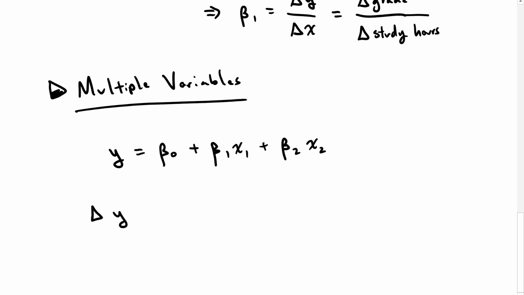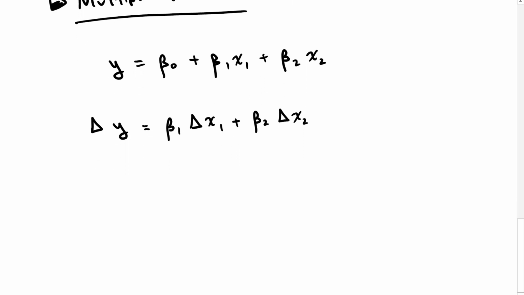So again, what we have is the change in y is equal to beta 1 times the change in x1 plus beta 2 times the change in x2.